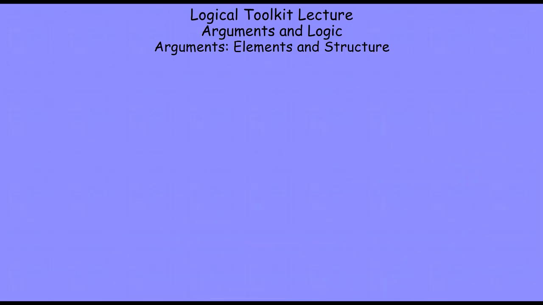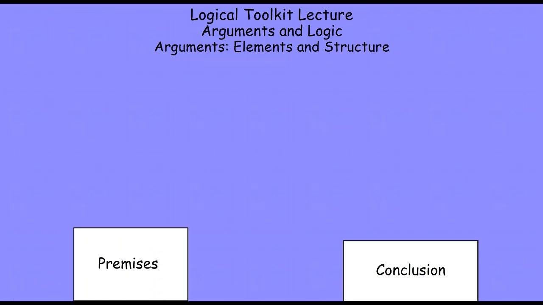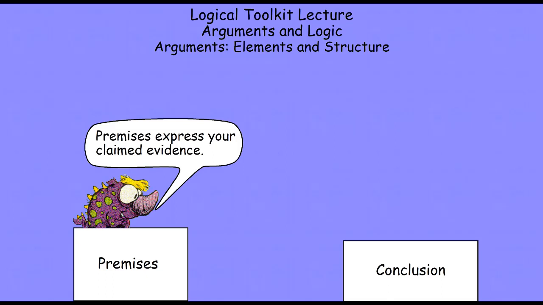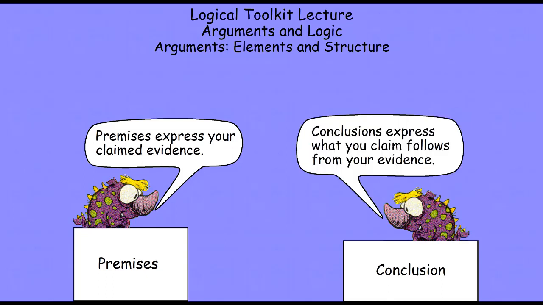What about arguments then? Well, arguments are collections of statements, specifically structured collections of statements, structured in a very specific way. So we have a conclusion statement, and we have premises, reasons. Our premises are statements that express our evidence or our reasons for something. Our conclusion statement is a statement that expresses what we think follows from that evidence, what our reasons make likely or definitely true.